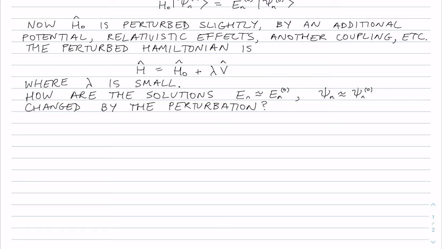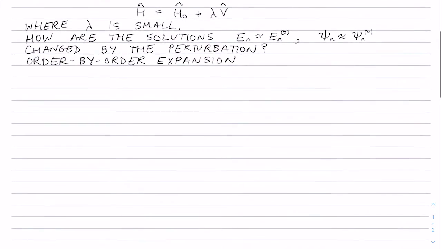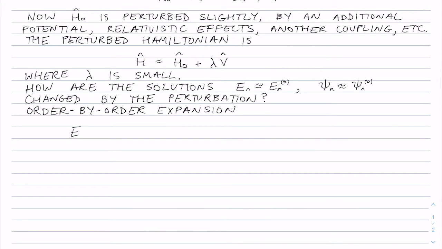So the order by order expansion is going to be En equals En naught plus some small En1 plus a very small En2 plus dot dot dot.